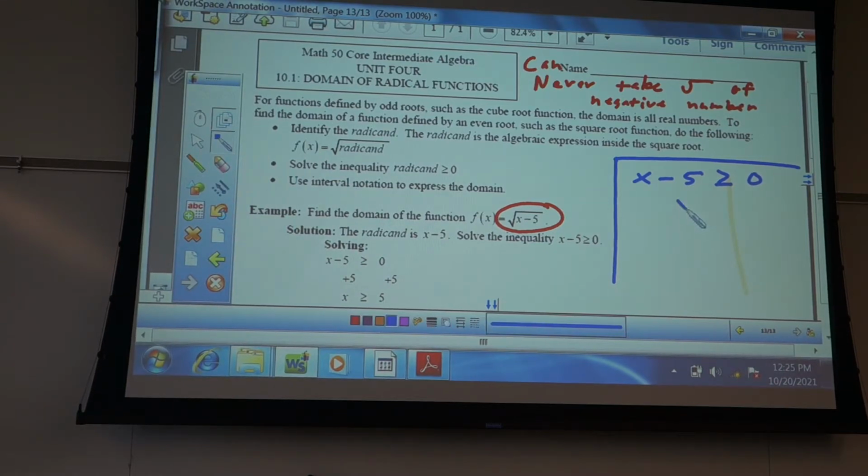X is greater than or equal to 5. That means this is my domain. For the domain, you can either write it just like this, or you can say x is greater than or equal to 5. Either one's okay.